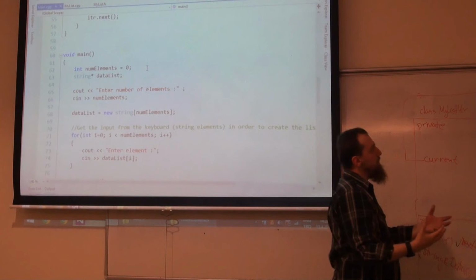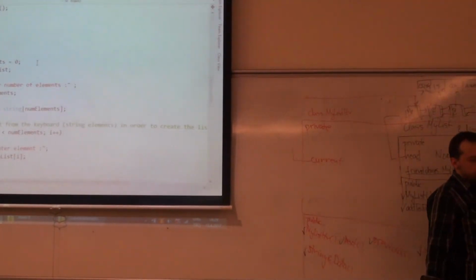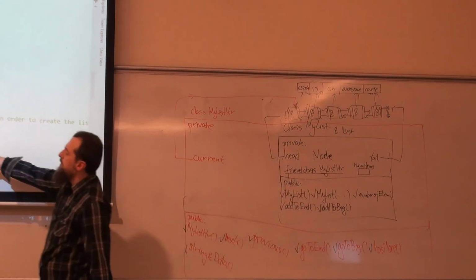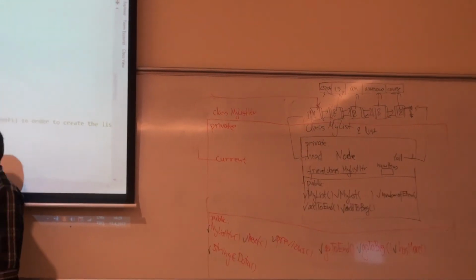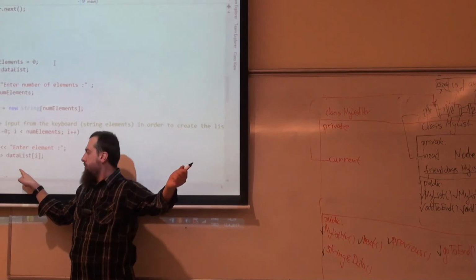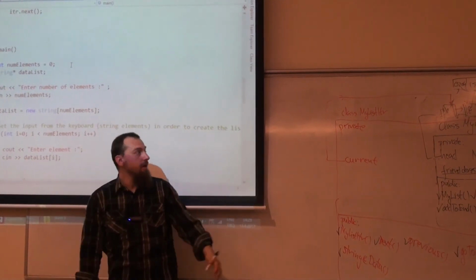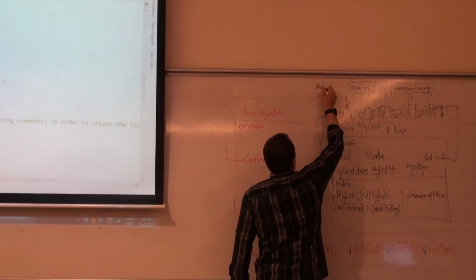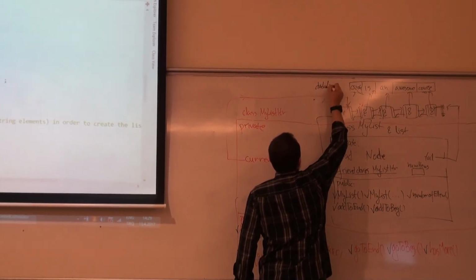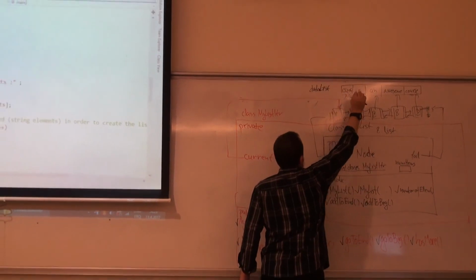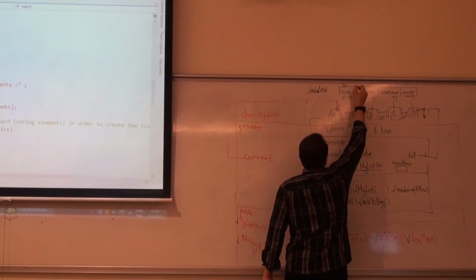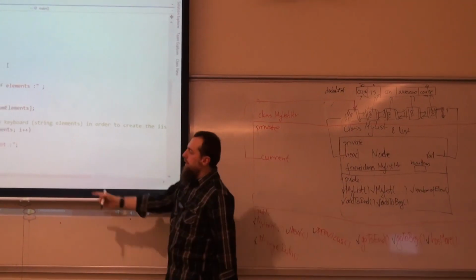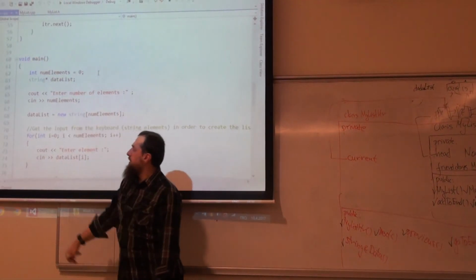Let's say if I enter 5, then I'm going to create an array like this. And afterwards, with this for loop, I enter the elements and I put them into this array in the corresponding places. So let's say I created the data list array, and these are the indexes 0, 1 till 4, because I've entered 5, and I entered all of the data up until now.